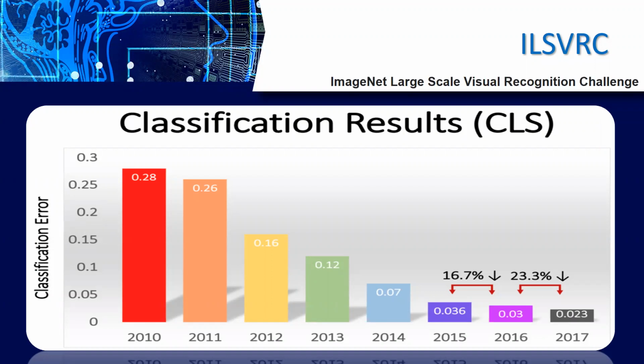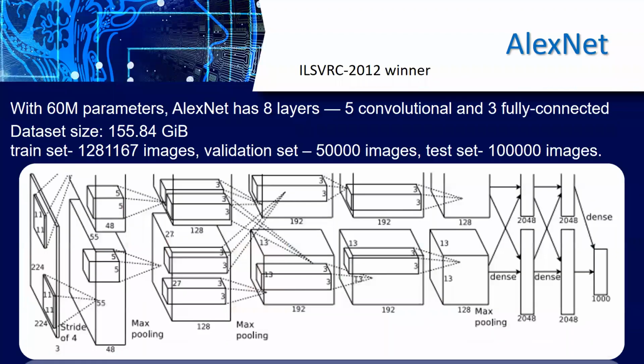Here you can see how, year by year, the accuracy is increasing and the classification error is reducing. In 2010 the classification error is 0.28, and in 2017 it is 0.023. You can see the different networks that participated and won the challenge in different years, like AlexNet and GoogleNet, which we already discussed.